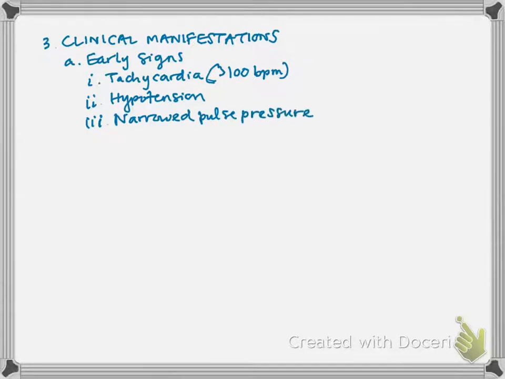So you have the systolic and diastolic pressures getting closer and closer together. Basically, if you subtract diastolic from systolic, over time you'll see that that number is decreasing. That's what that narrowed pulse pressure means. So know that narrowed pulse pressure is associated with cardiogenic shock.